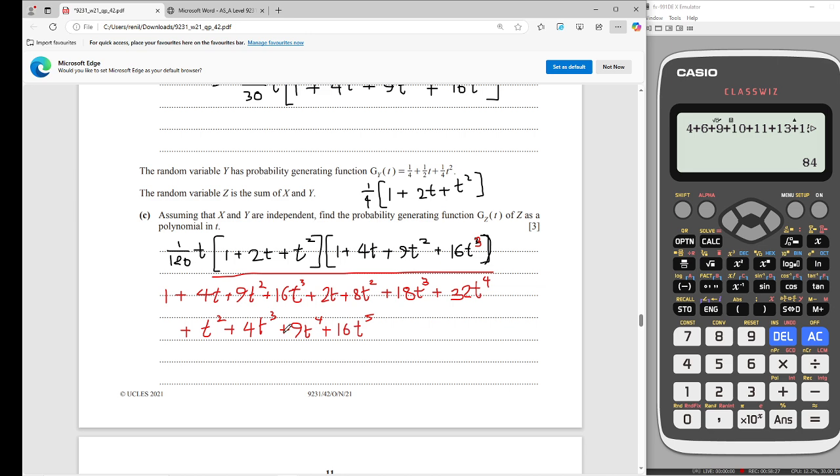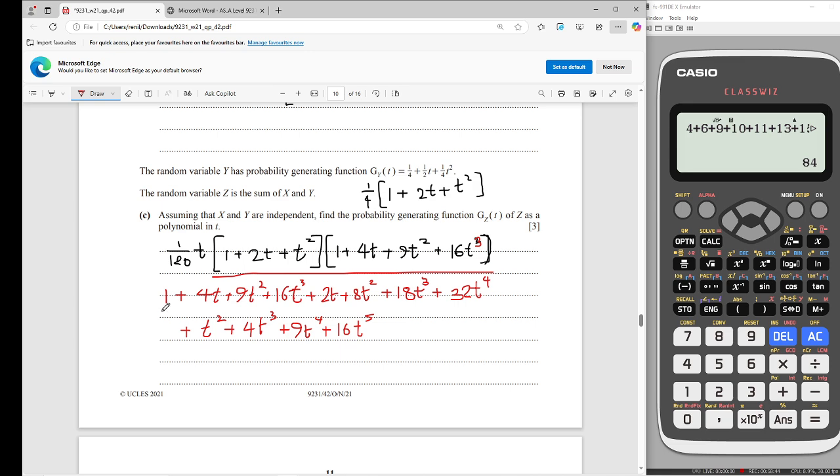Okay, so let's just see if everything is right. So far the first one I know it's right. Second one, yes, second one looks to be right. And the third one is also right. Fine. So we can simplify this. We have 1 here plus all the terms of t, which is going to be 4t plus 2t, so just 6t.